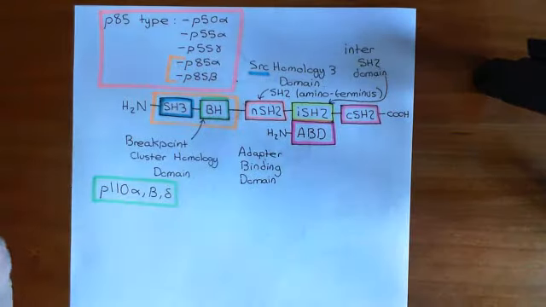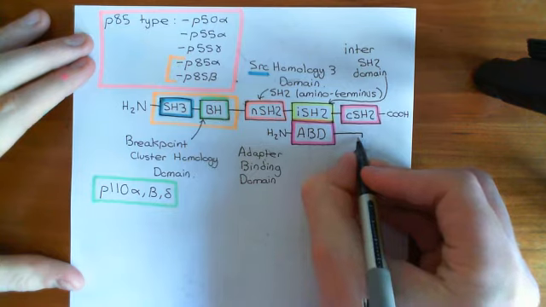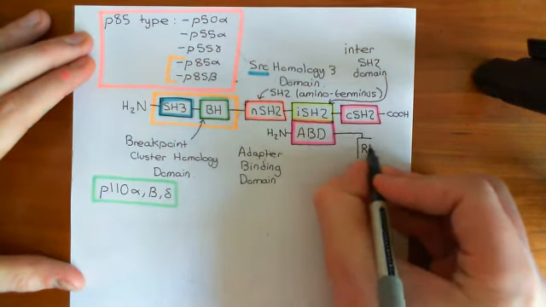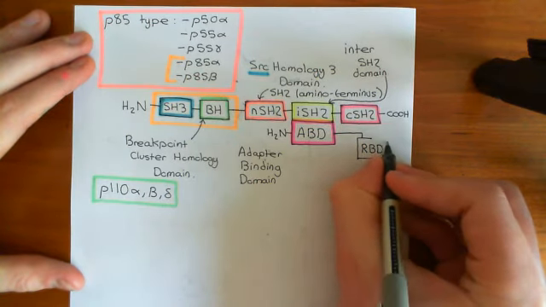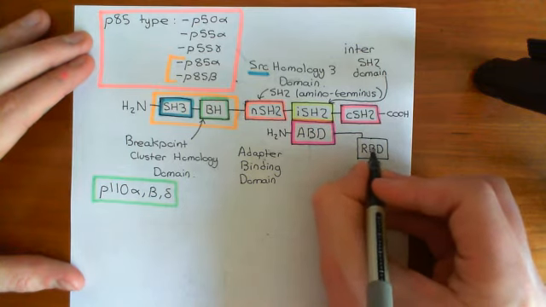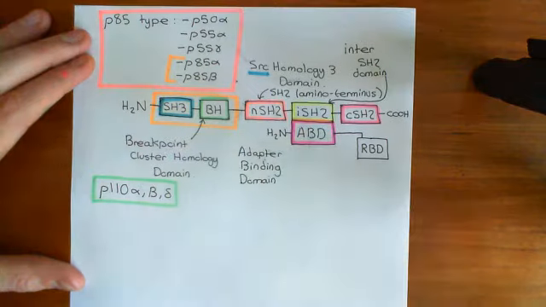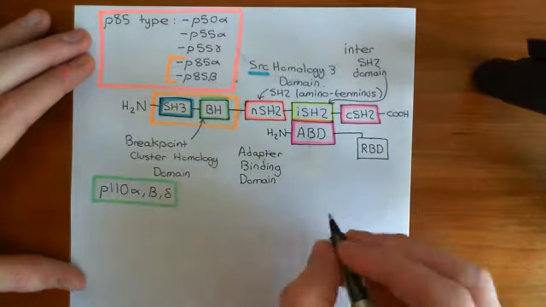Now, after the ABD, there is then a region which we're not going to talk about hugely, which is called the RAS binding domain, the RBD. And that relates to the fact that RAS monomeric G proteins can also activate these catalytic subunits by binding here. But we're not going to dwell on that. We're going to focus on the activation by the receptor tyrosine kinase itself.